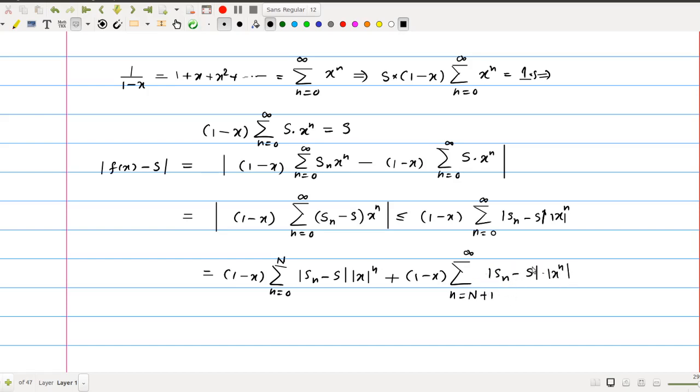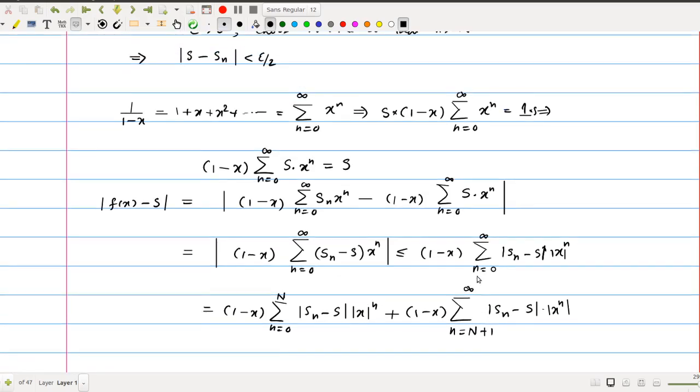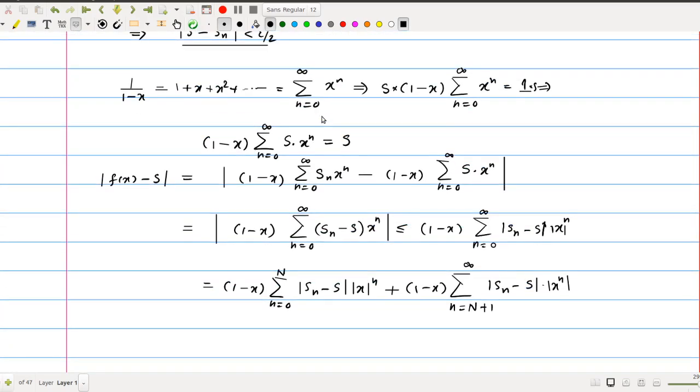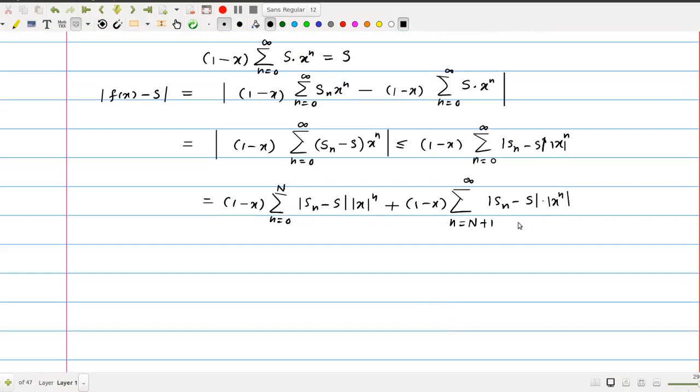But we know that this value is always less than epsilon by 2. We have already that |s minus Sn| is always less than epsilon by 2, so we can make this less than epsilon by 2.